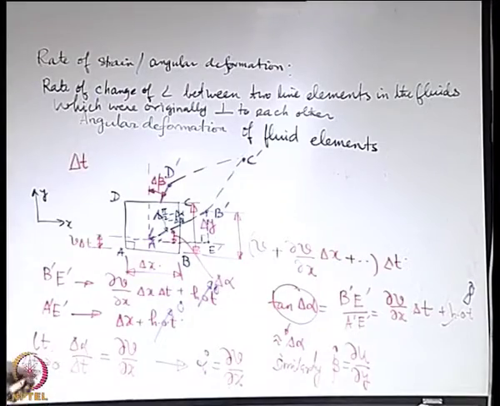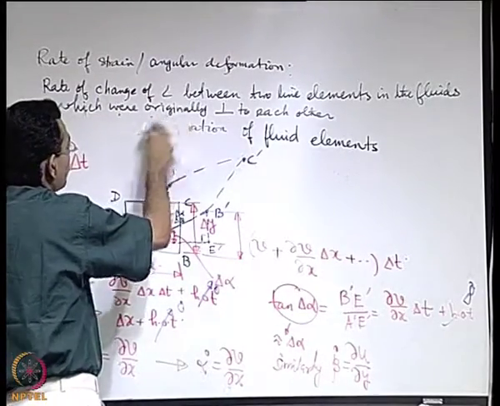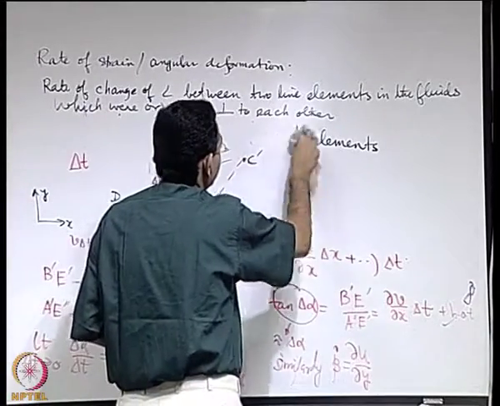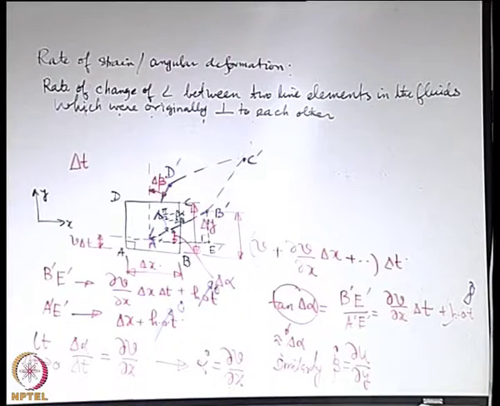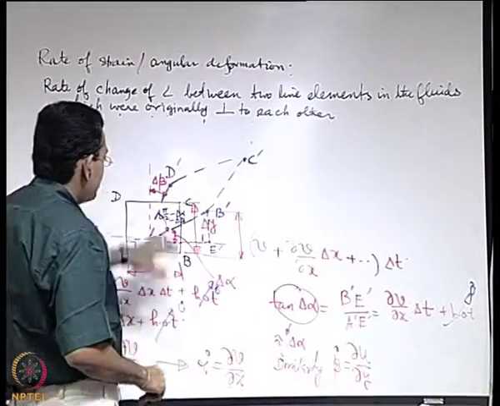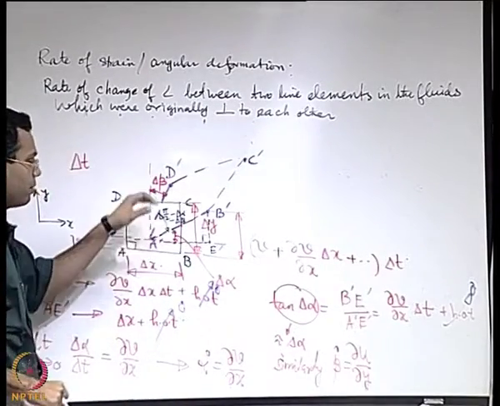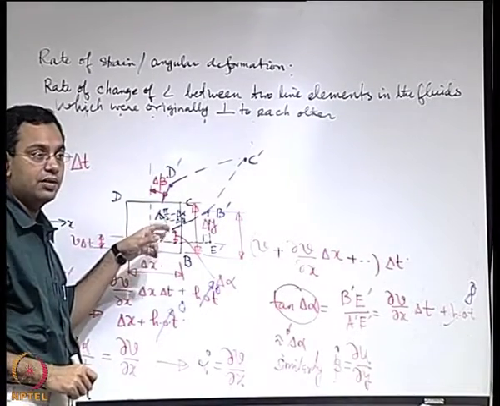So, if we want to quantify that, we now know that we can quantify that in terms of delta alpha and delta beta, and the rate in terms of alpha dot and beta dot. So, what is the change? The change is pi by 2 minus pi by 2 minus delta alpha minus delta beta.